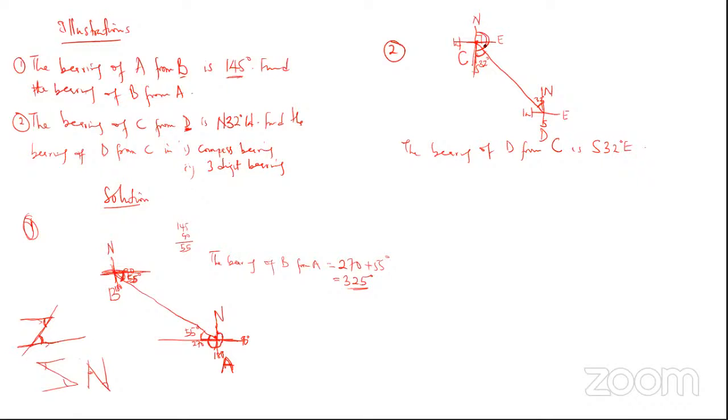Everything here is 180, and you are trying to cut away 32 from here. So the angle is 180 minus 32. This is angle on the straight line.